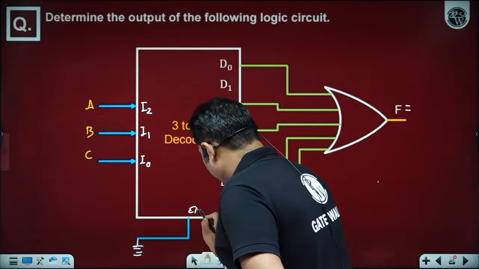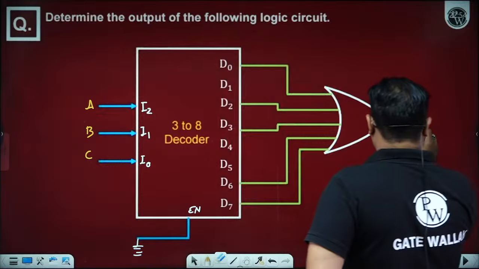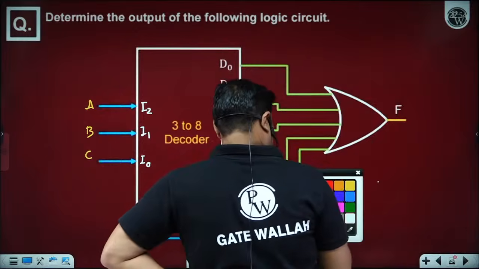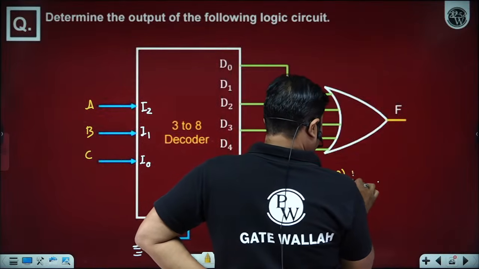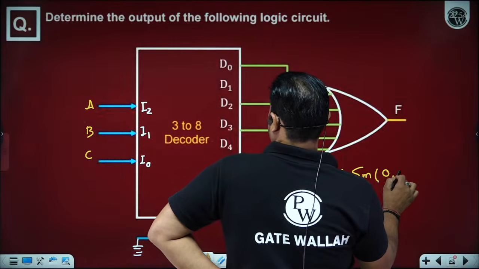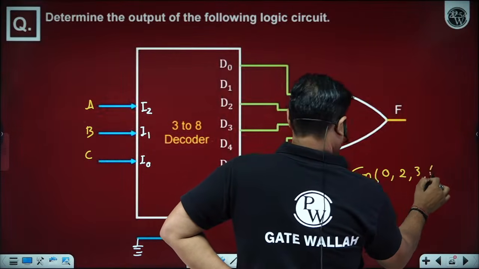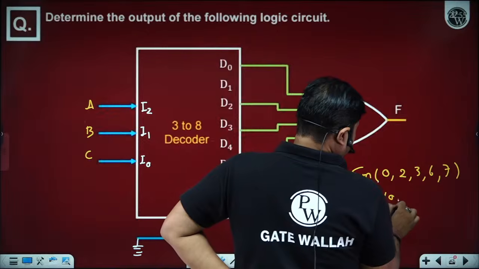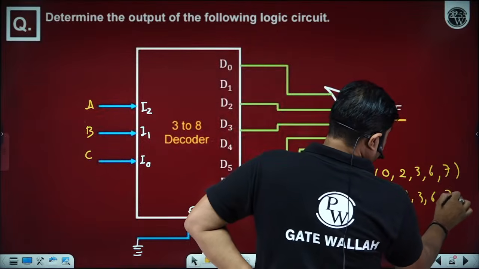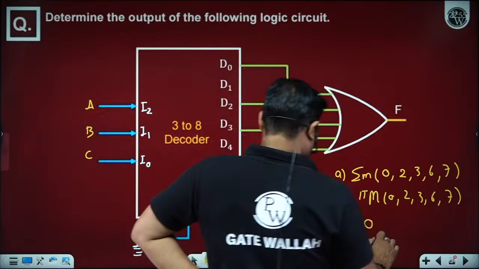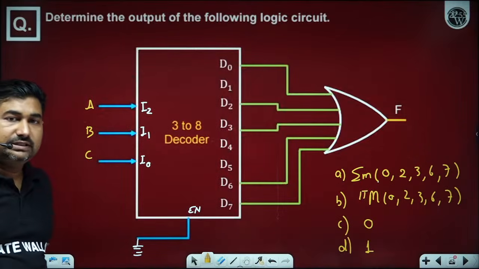We have an enable pin. Can you please tell me what is the function available here? Whether the function is summation of M 0, 2, 3, 6, 7, or the function is pi of M 0, 2, 3, 6, 7, or the function is 0, or the function is logic level 1. So which of the following is correct?